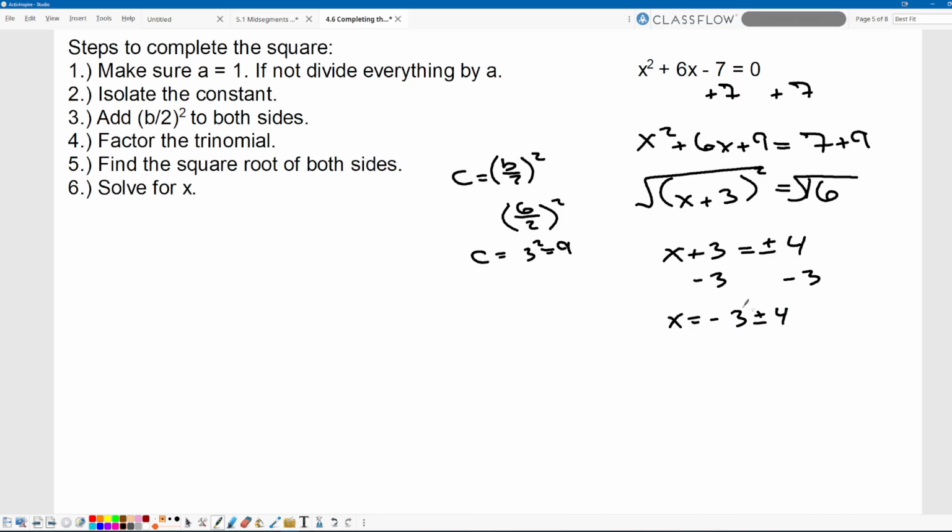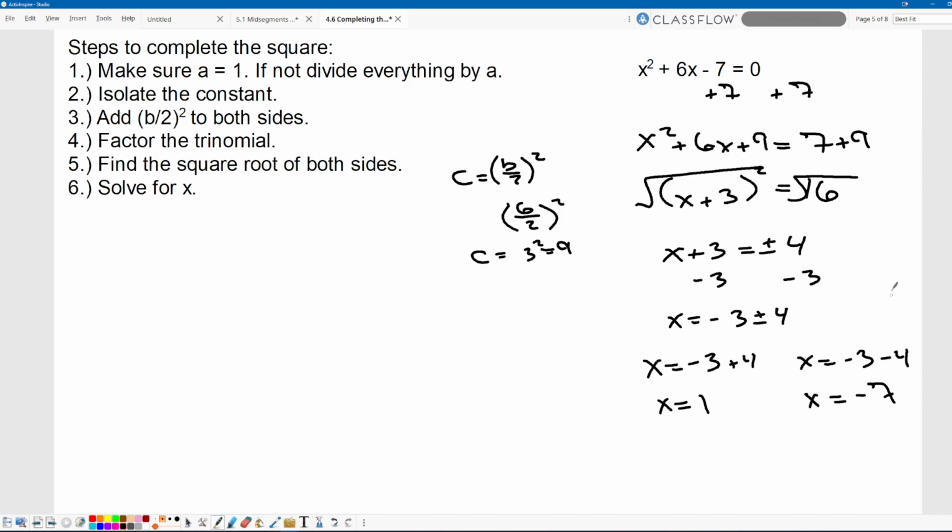So now this plus or minus means that technically this splits into two separate equations. I have x is equal to negative 3 plus 4, and x is equal to negative 3 minus 4. So x is equal to 1, and then you have x is equal to a negative 7. So my two solutions of this would be 1 and negative 7.